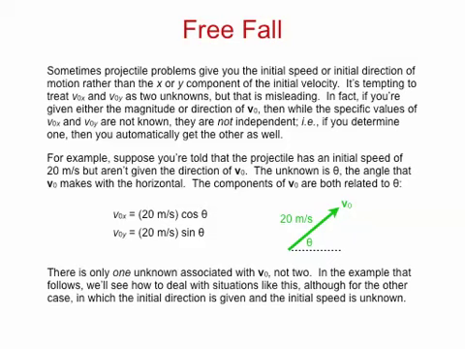The components of the v0 vector are both related to theta by v0x equals 20 meters per second times cosine theta, and v0y equals 20 meters per second times sine theta. There is only one unknown associated with the initial velocity vector, not 2. In the example that follows, we'll see how to deal with situations like this, although for the other case in which the initial direction is given and the initial speed is unknown.